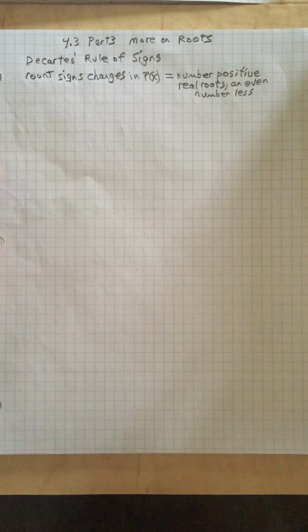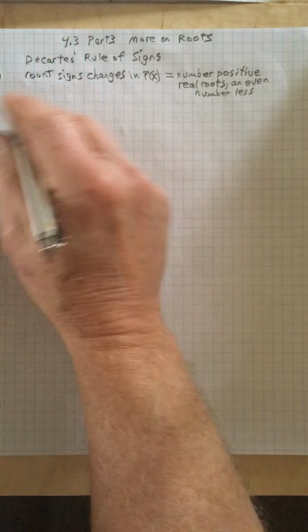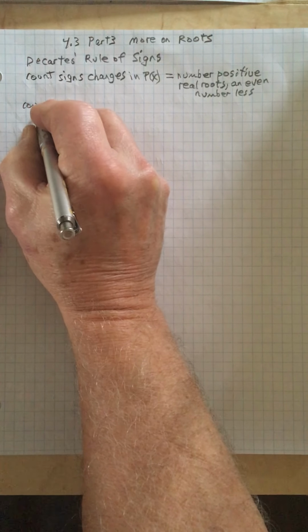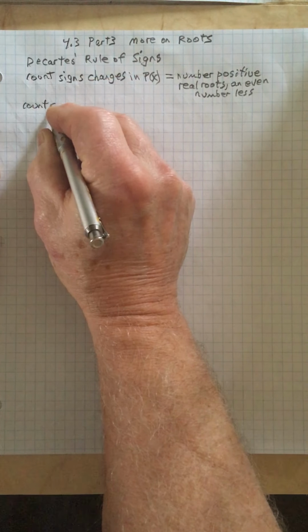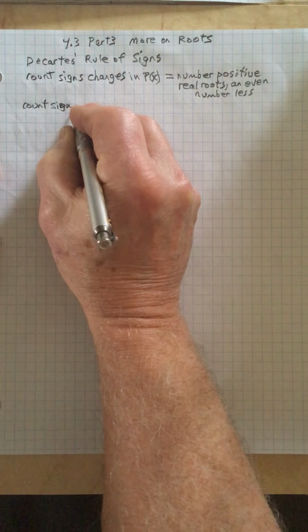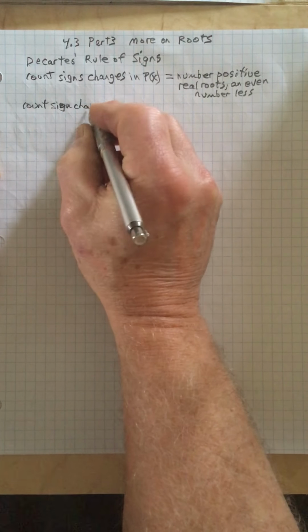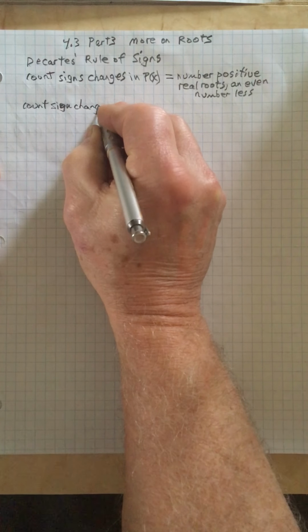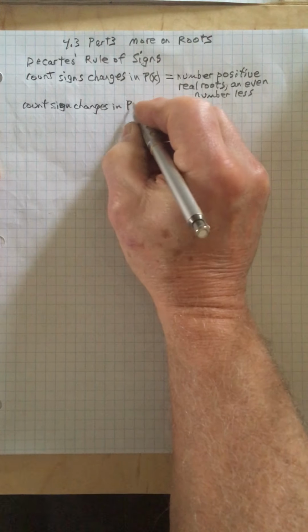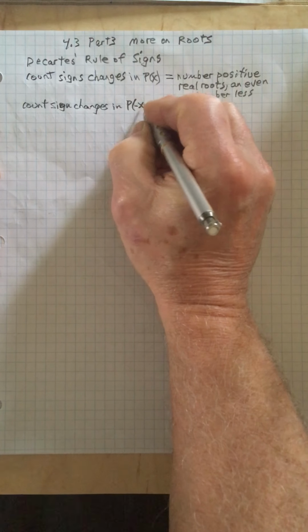Okay, what about negative roots? A little bit different, but kind of the same idea. What you're going to do here is count sign changes, but instead of p of x, it's going to be p of minus x.